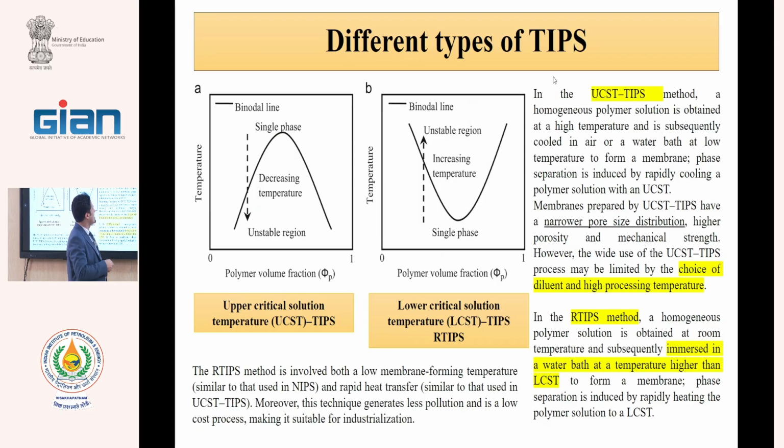As you see in this diagram, named upper critical solution temperature, such as PVDF in DOP, we have an unstable regime and a stable regime. At high temperature, for example 150 centigrade, we have a single phase and stable solution, but with the reduction of temperature, we come to the unstable area.